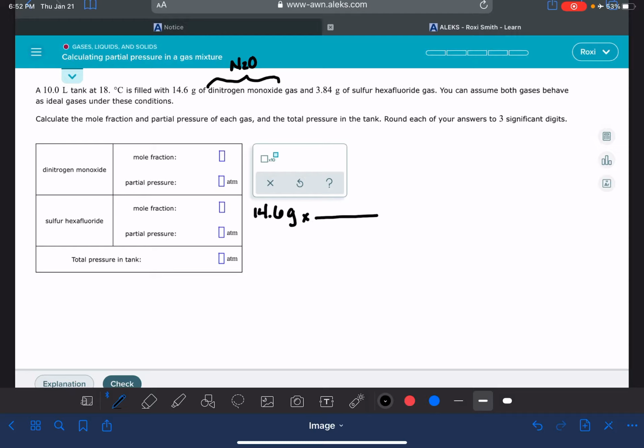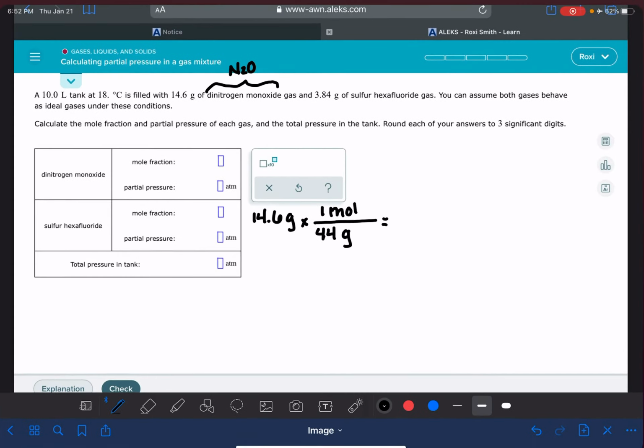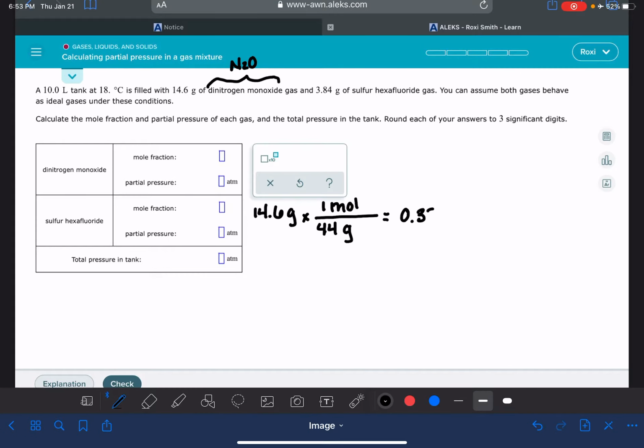And we're going to use 14 plus 14 plus 16, 44 grams per mole. Of course, if you're doing this on ALEKS, you definitely want to use an exact molecular weight. You don't want to be rounding it. 14.6 divided by 44 is 0.3318 moles, and that's our moles of N2O.